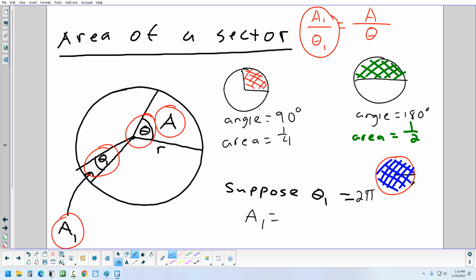What's the formula for the area of the whole thing of a circle? Something with pi. Remember? Does it have to do with the radius? It also has the radius in it. Pi times the radius squared.